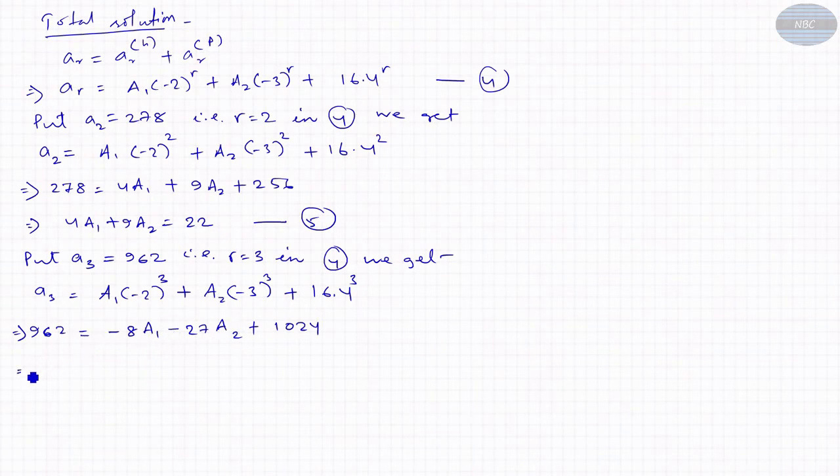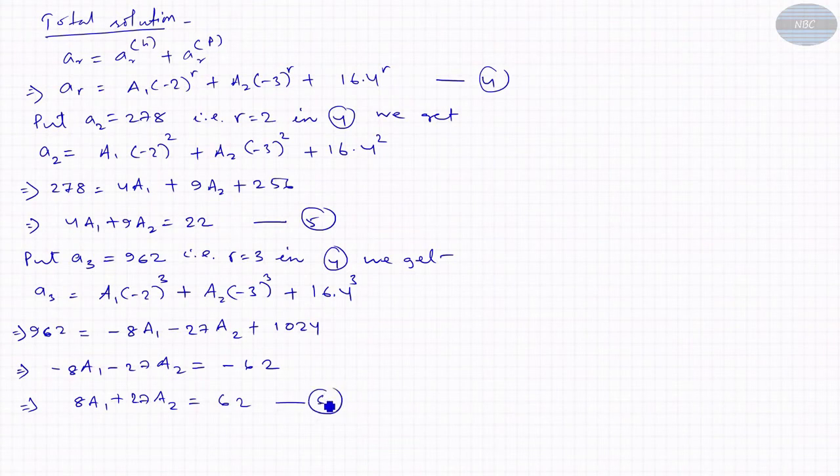Okay, which implies it can be written as minus 8a1 minus 27a2 is equal to, so this will be 962 minus 1024 is minus 62, which can be written as 8a1 plus 27a2 is equal to 62. Let it be equation 6.